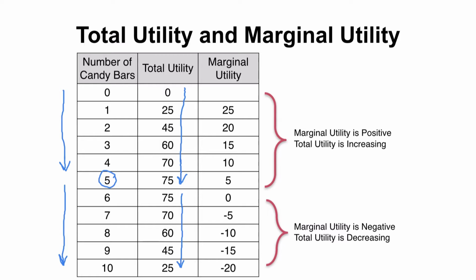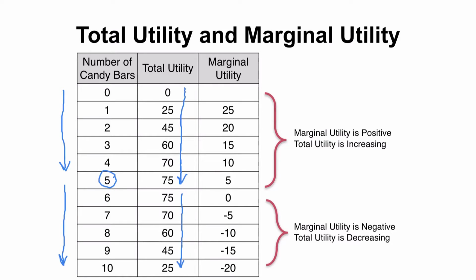So what does that mean in terms of marginal utility? Remember, marginal utility is giving us the change in satisfaction, or the additional satisfaction that we get from eating one more candy bar. So in the beginning, when we have 0, 1, or 2 candy bars, our marginal utility is rising. Marginal utility is rising up until the 5th candy bar.